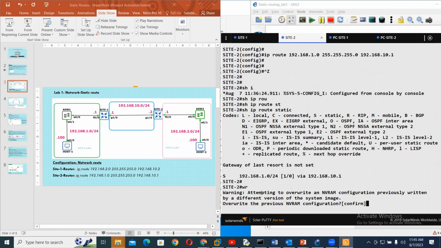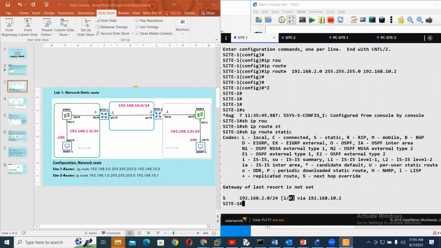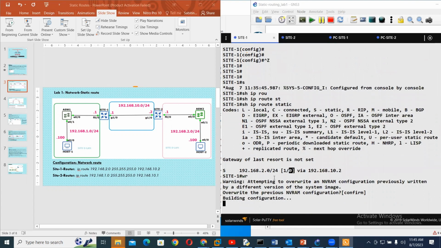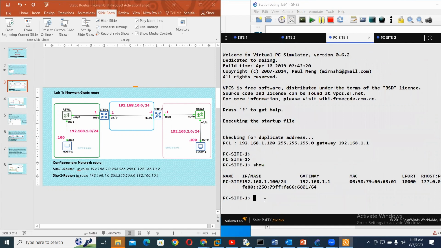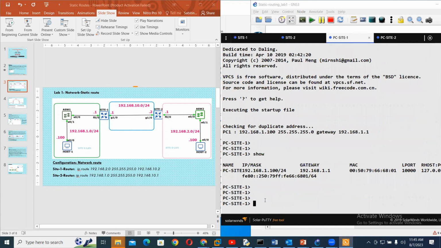I can save my configuration. You can just type write or wr. Now, let me ping my next host. Ping 192.168.2.100.